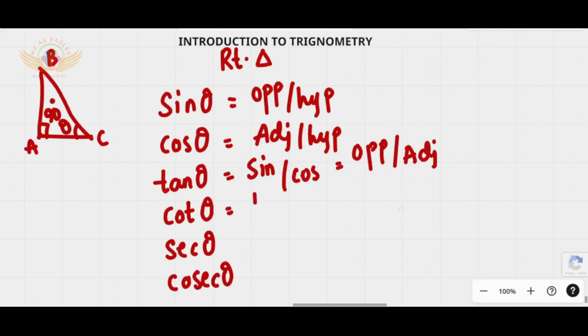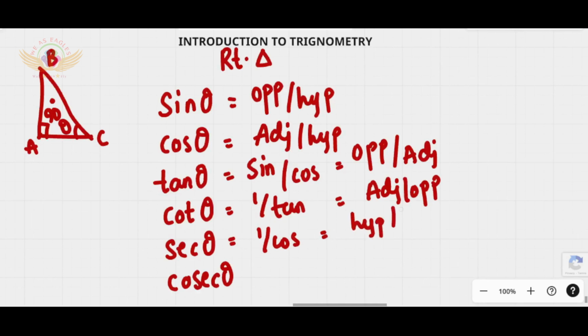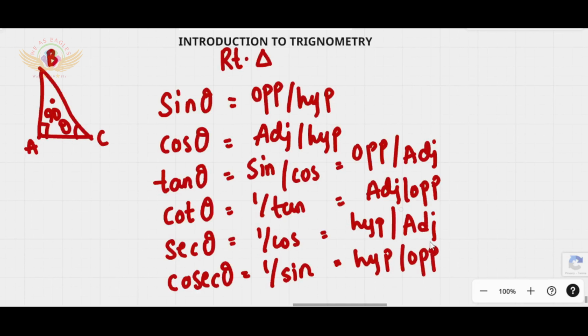Cot is the inverse of tan, hence we get adjacent by opposite. Secant is the inverse of cos, so it will be hypotenuse divided by adjacent. Cosec is the inverse of sine, so the ratio is hypotenuse by opposite. All these ratios, we call them trigonometric ratios.